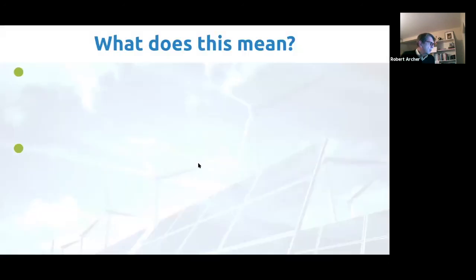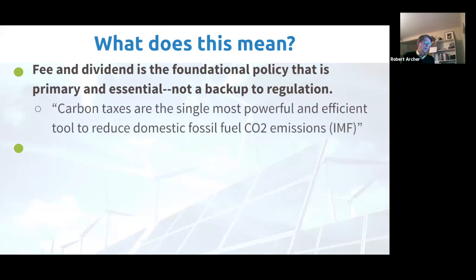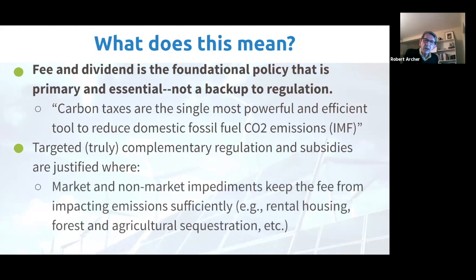So what is the sound role for regulation and subsidies? Some experts, including the Canadians, suggest the following guideline for determining when subsidies and regulations are justified. First, where a carbon fee does not impact a sector's emissions at all. For example, enteric fermentation, cow burps, soil carbon sequestration.